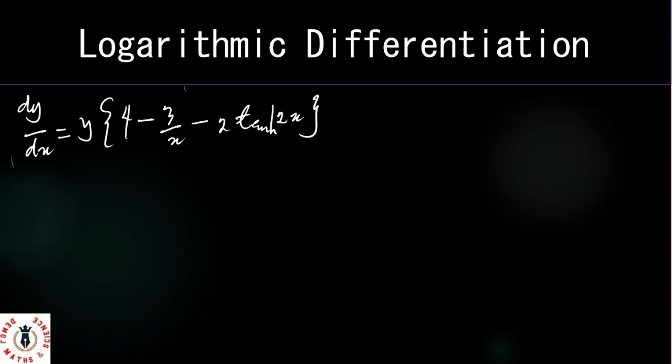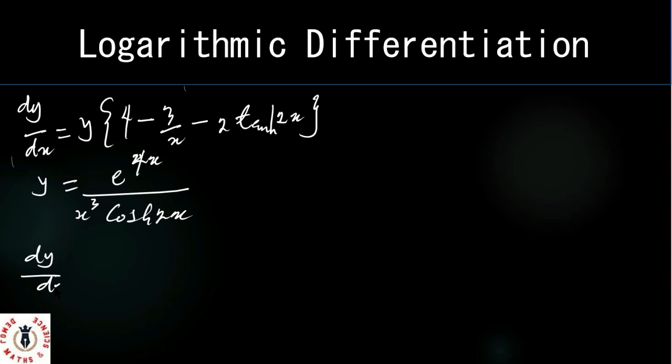Now, we remember that our y is given as e raised to the power 4x over x raised to the power 3 cos 2x. So we can easily substitute for y in dy/dx.